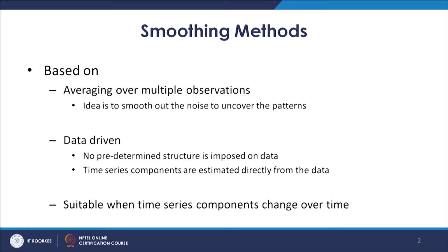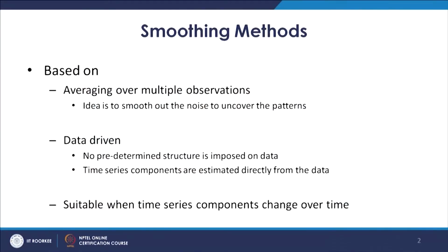We consider a number of observations, and because we are looking to uncover a different time series component, it could be trend or seasonality, we would like to average out some of the noise, and then use the average series for our forecasting purpose. So, the idea is to smooth out the noise to uncover the patterns, and averaging over multiple observations is typically done.